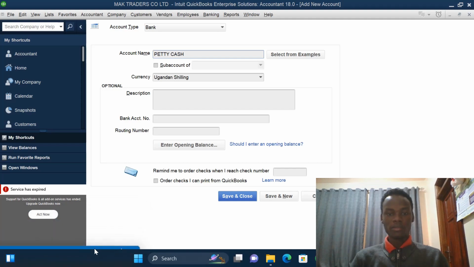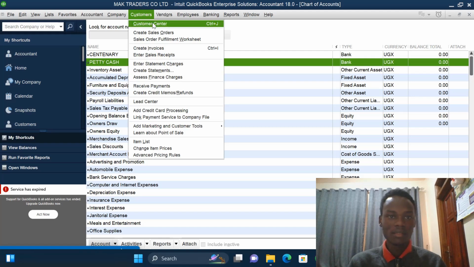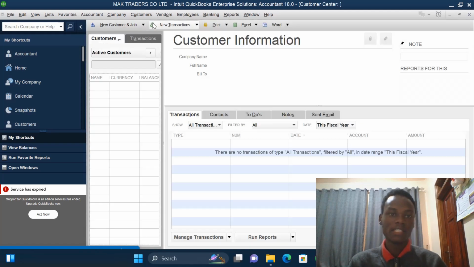So we're going to save and close. So there we are, our two accounts are there, the petty cash and the bank. What next we're going to do, we say part C, the company's customers and their balances at 1st January. So we go to customer center because we are creating our customers.